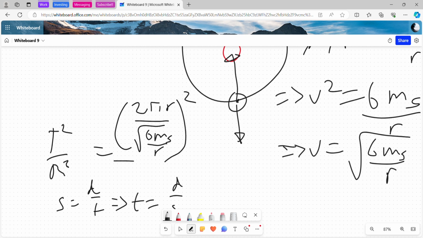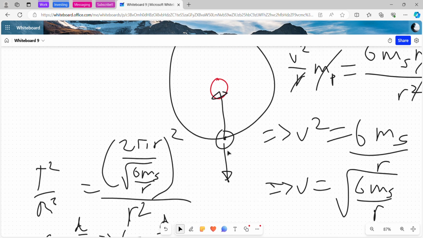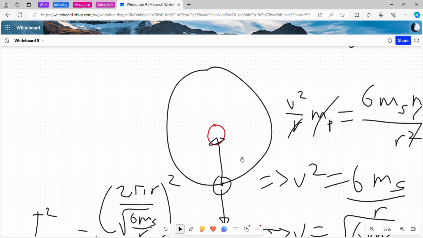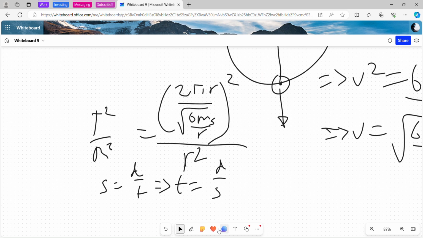And that squared divided by r cubed. And this r is the same as that r, because in a circle the distance is always going to be the same. So let's just erase this.